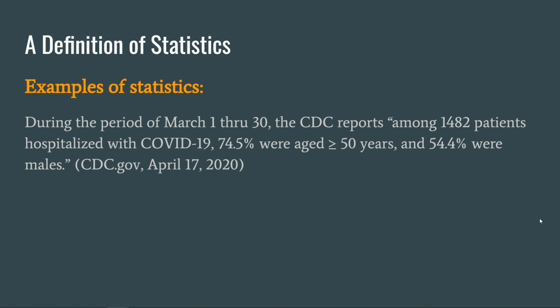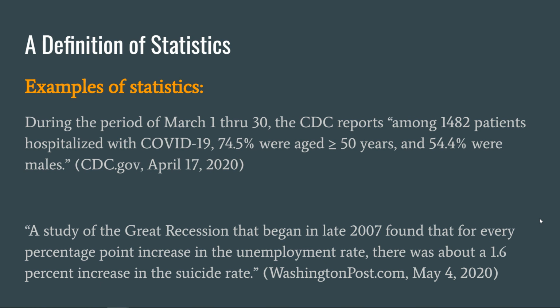This came off of the CDC website in April of 2020. A study of a Great Recession that began in late 2007 found that for every percent point increase in the unemployment rate, there was about a 1.6% increase in the suicide rate, according to the Washington Post in May of 2020. Now, these are statistics we're taking at a specific date and based on different studies.